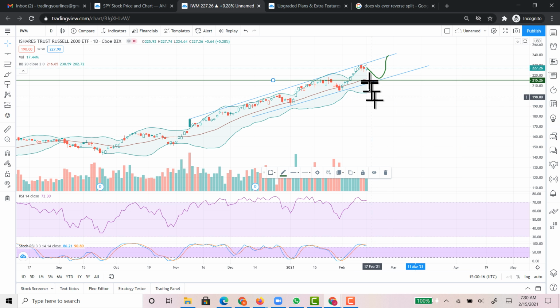Can I go long right now? The risk is very high. When we come here, the risk is much lower. Can it break down further and continue going down? Of course it can, but we'll analyze when we get there.